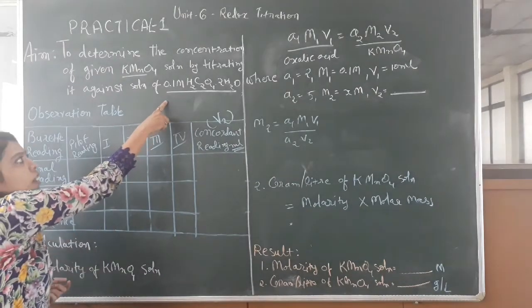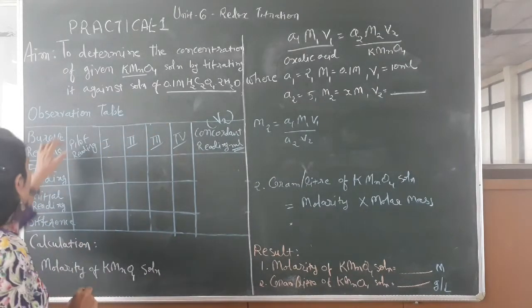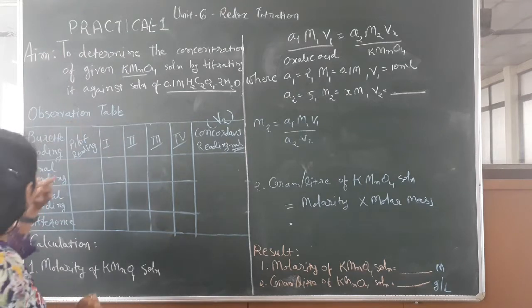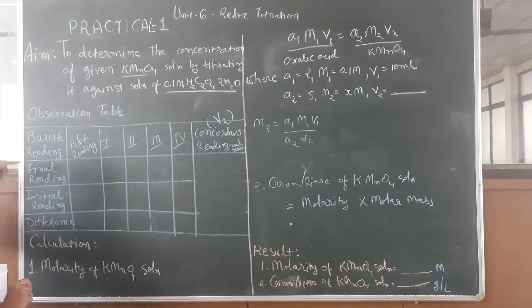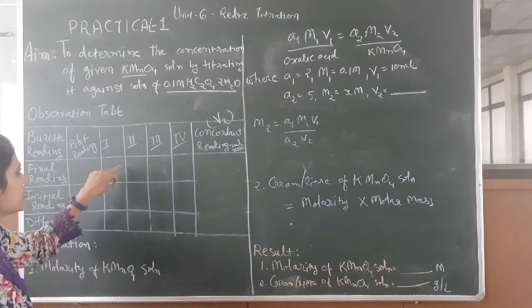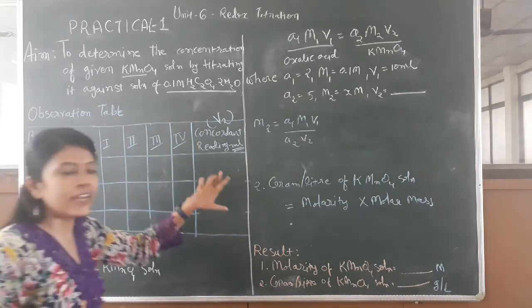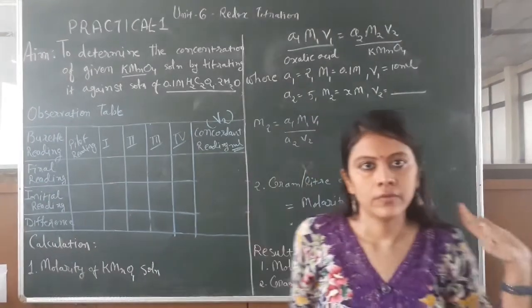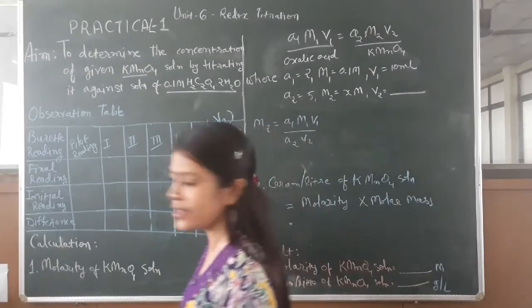In the observation table we have burette reading, final reading, initial reading, difference, pilot reading, then first, second, third, fourth reading, then last concordant reading, the average.